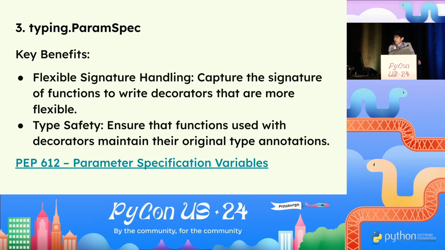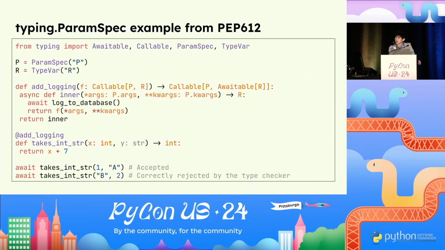Next, ParamSpec. ParamSpec is a very useful feature that lets us define keyword arguments or positional arguments as type hints. Let's check the example from the PEP.